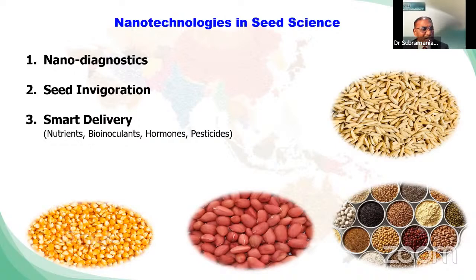So my presentation will cover nanodiagnostics, and seed invigoration, how nanotechnology will help in improving the viability or vigor of the seed. Thirdly, smart delivery of inputs. You can deliver nutrients, bioinoculants, hormones, and pesticides using nanotechnology.